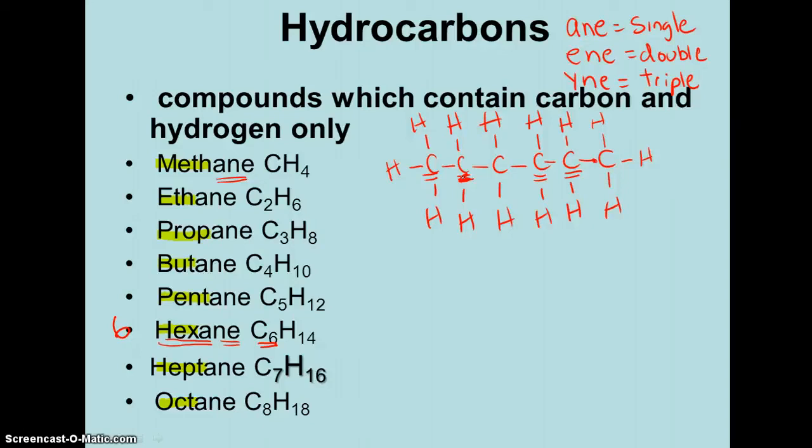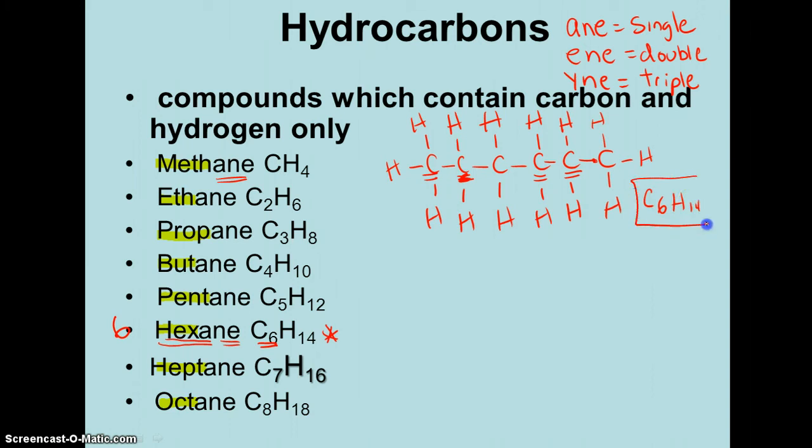If I were to write, say I was just given the structure, not the formula. Obviously I have the formula right here, but if I was just given this structure, I could write the formula. I would simply count the carbons, 1, 2, 3, 4, 5, 6. Count my hydrogens, 1, 2, 3, 4, 5, 6, 7, 8, 9, 10, 11, 12, 13, 14.